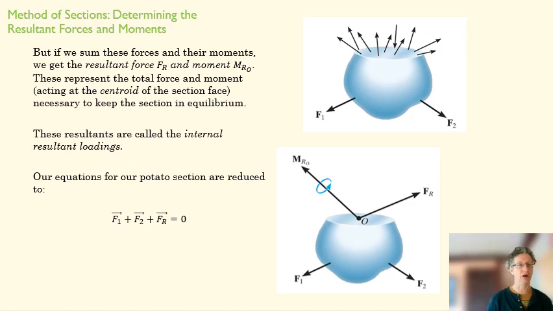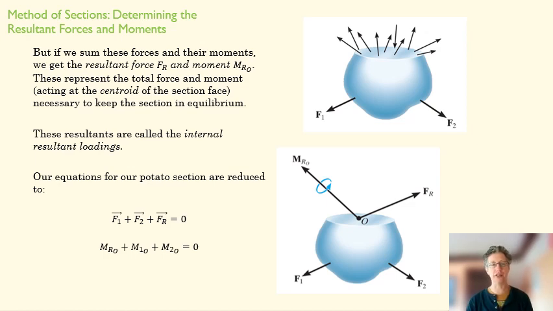And so all of those statics equations in our sectioned part are now reduced to these two equations, right? That the sum of our forces is equal to 0 and the sum of our moments is equal to 0, right? So each F1 and F2 are going to create a moment around the centroid. We need to make sure that our moment at the centroid balances those applied moments.